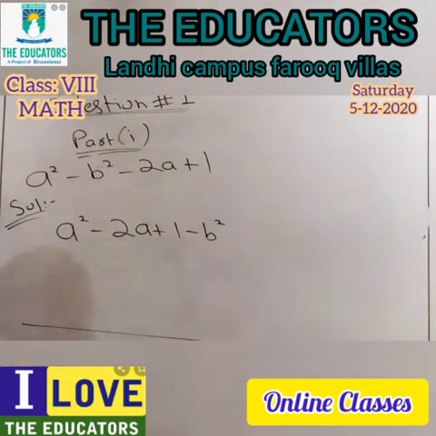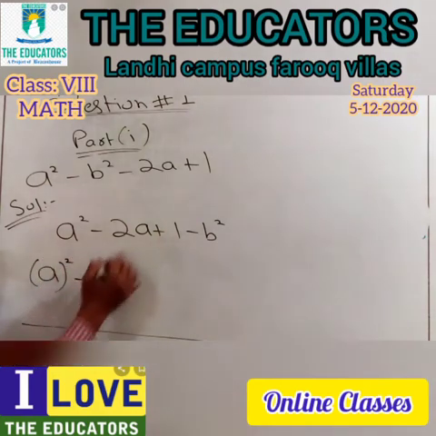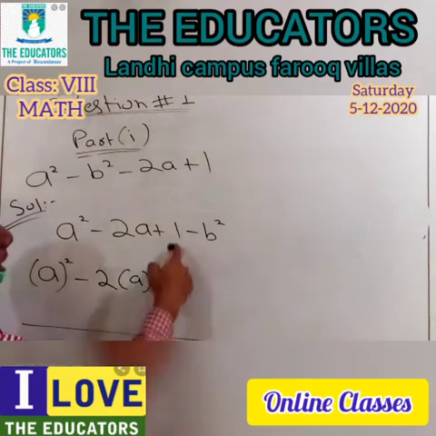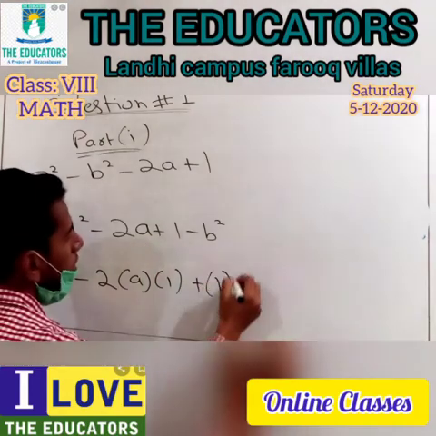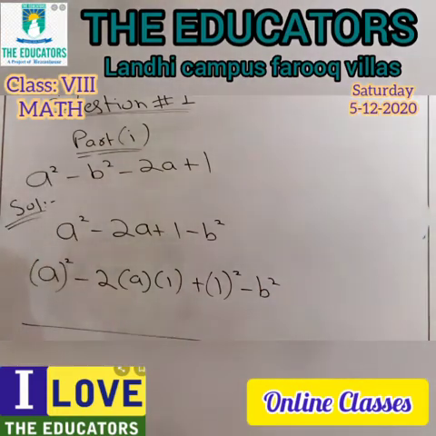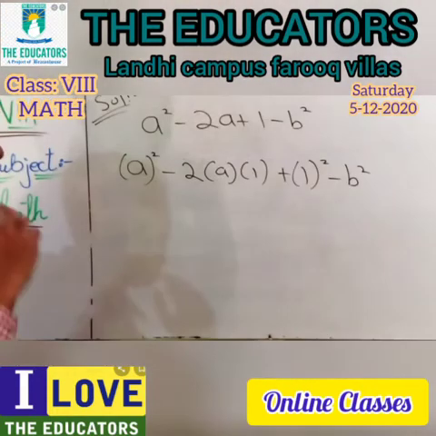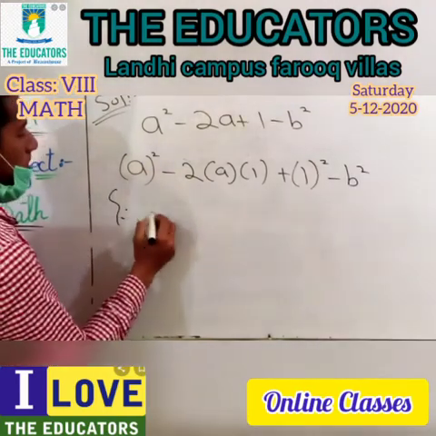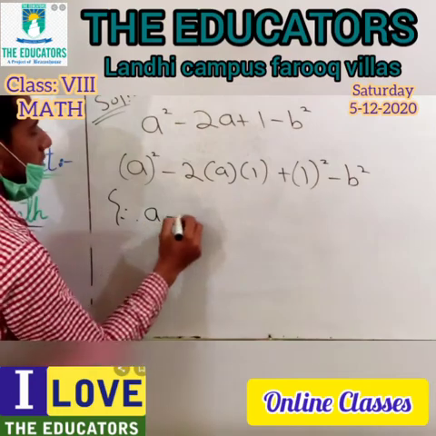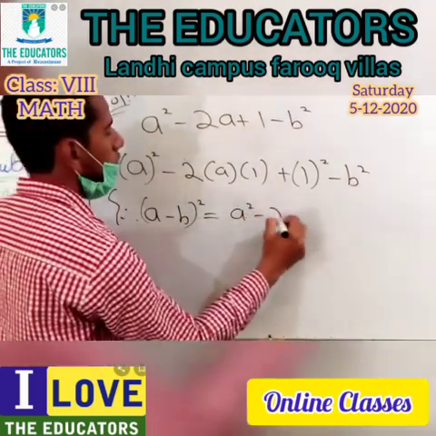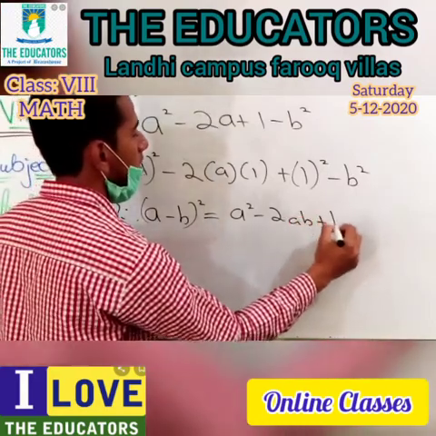Now we may write a square as a to the whole square and 2a as 2 into a into 1, and 1 as 1 square, and then minus b square as it is. I'm mentioning here a formula that I wrote previously: a minus b to the whole square equals a square minus 2ab plus b square.